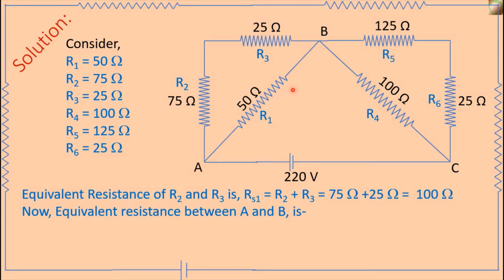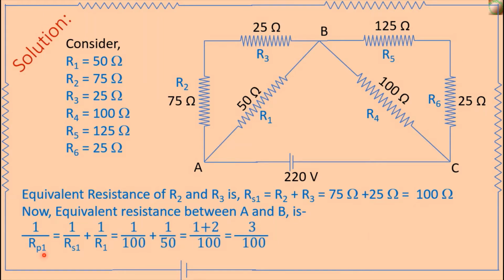One part is along R1 and another part is through R2 and R3. Therefore R1 is connected in parallel with R2 and R3, and the equivalent resistance of R2 and R3 is 100 ohm and R1 is 50 ohm.